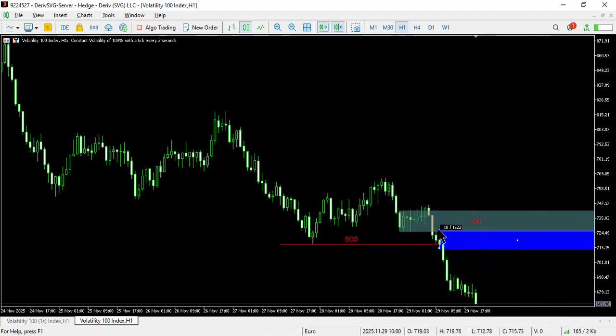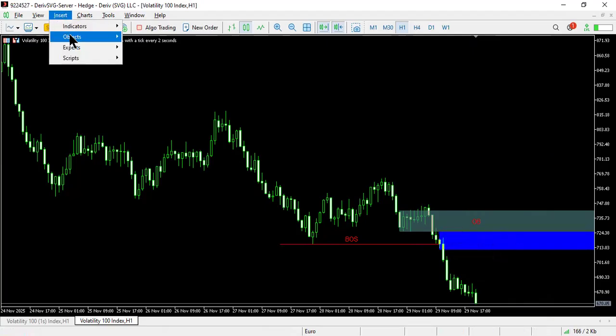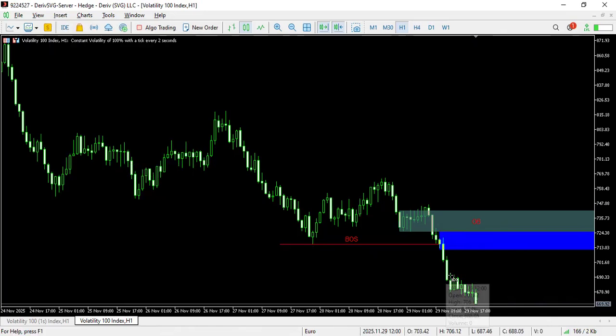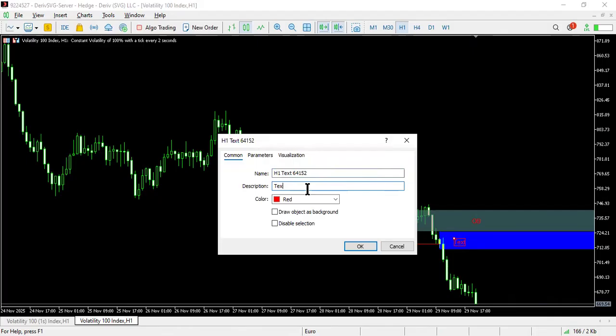So right there is the FVG. So that is the fair value gap.